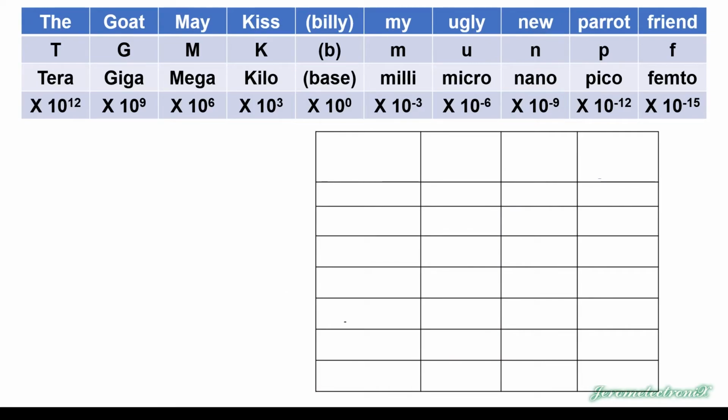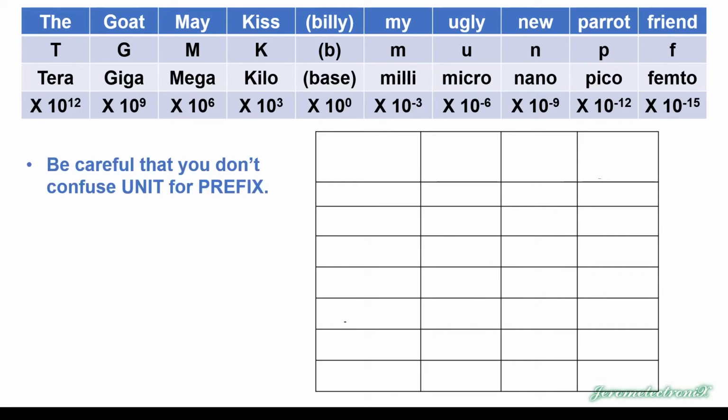Now, we need to say something that in the past has been confusing to my students. There are also units, and units go at the very end of the statement, at the end of the value. You need to be careful that you don't confuse units for prefix.